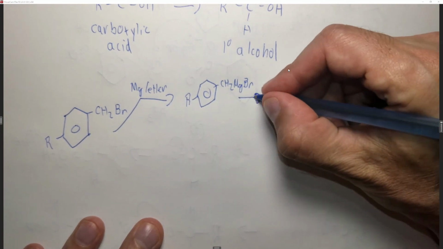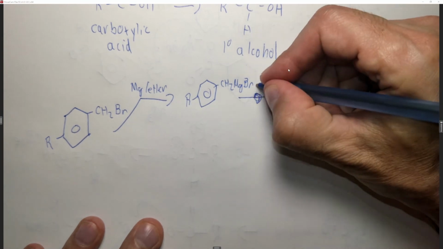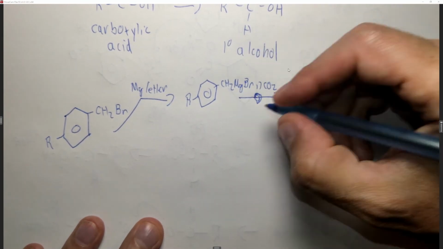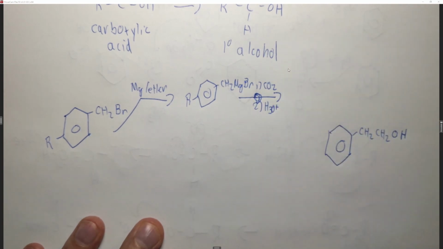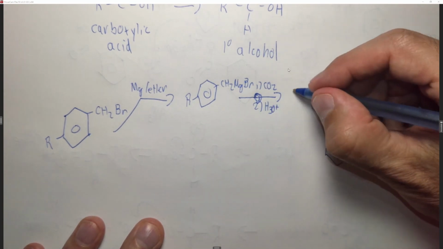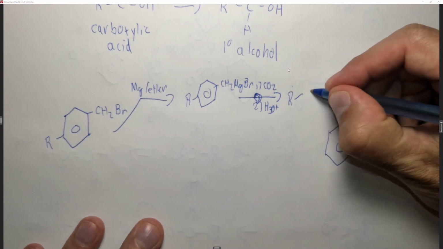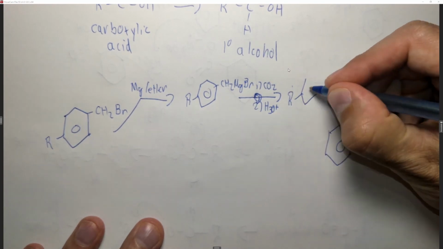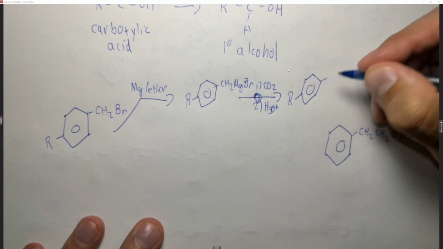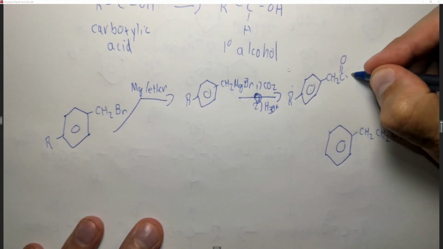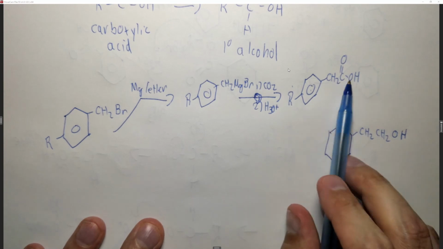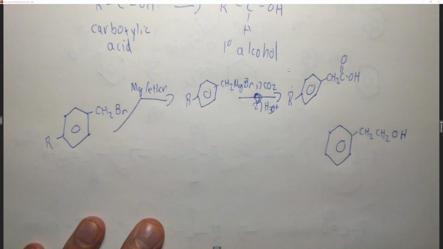I should have made this arrow a little bit longer, so I'm going to redo that. 1, we want to use CO2, and 2, we want to use H3O plus in order to protonate it. And what we end up with is R bond the ring, bond CH2, C double bond O, bond OH. We've now added our extra carbon.